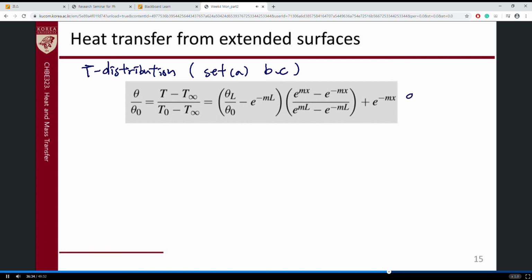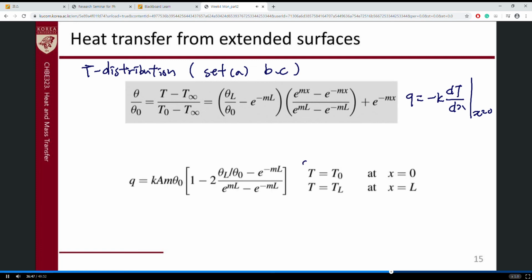I will let you know. So Q is minus K A dT over dx at x equals 0, and the set A boundary condition was like this. So after solving these equations, we will get this.